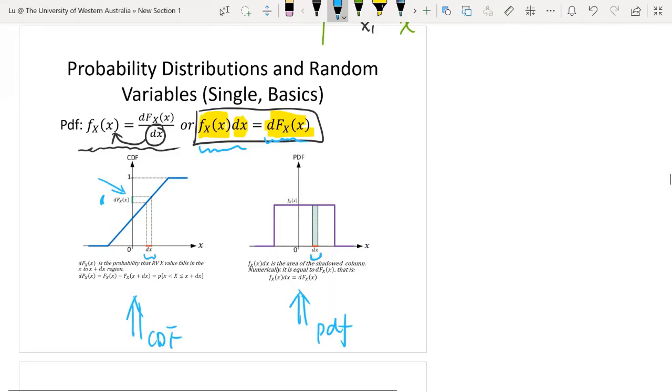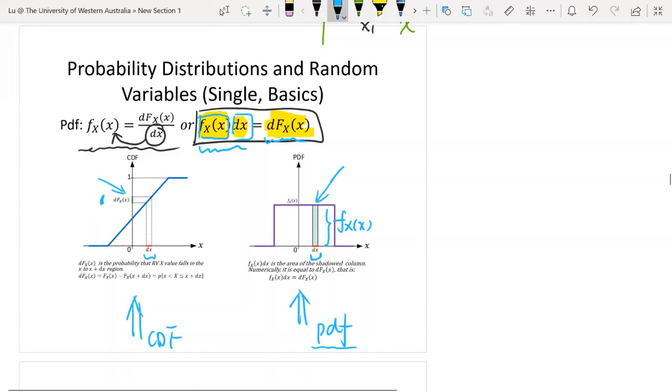The CDF function value within the dx is the height of the PDF function curve, which is fx(x). But now we are trying to determine the product between the PDF with dx. So in other words, in the PDF curve here, we are calculating the area of the small section defined by dx and the PDF curve. Or in other words, this small green color column is indicating that area.